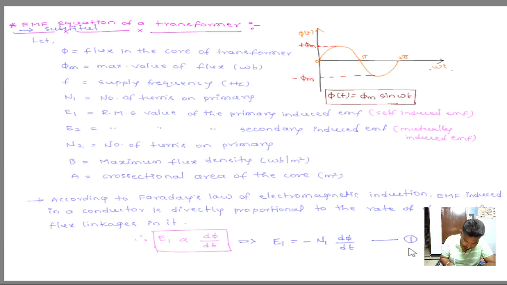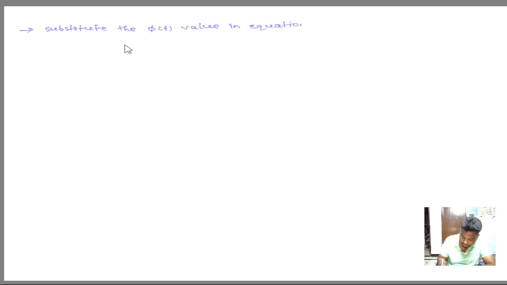Substitute the phi of t value in equation 1.